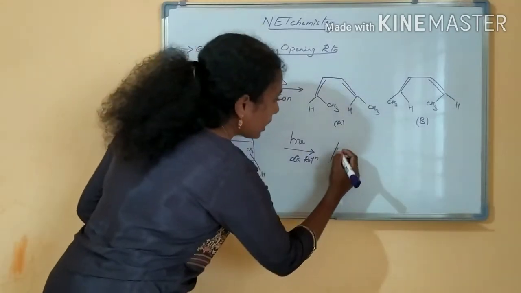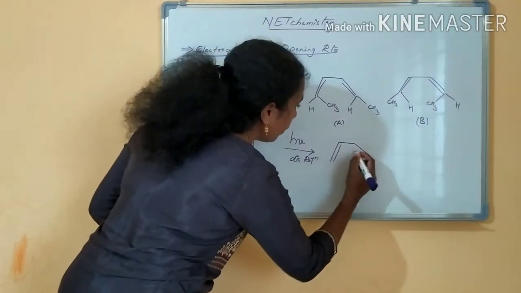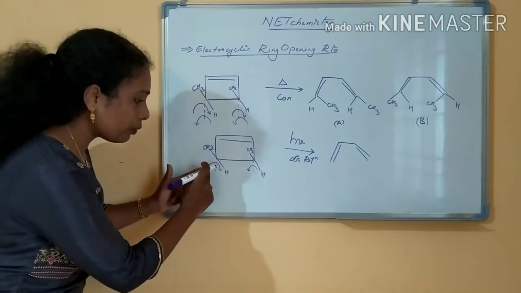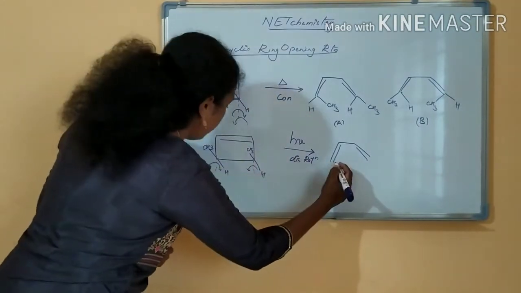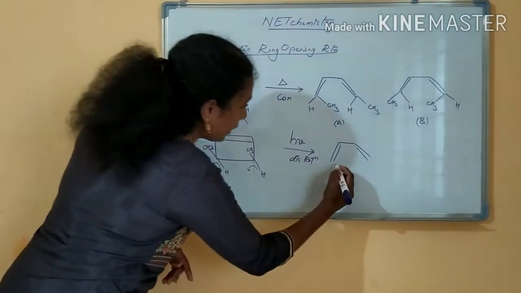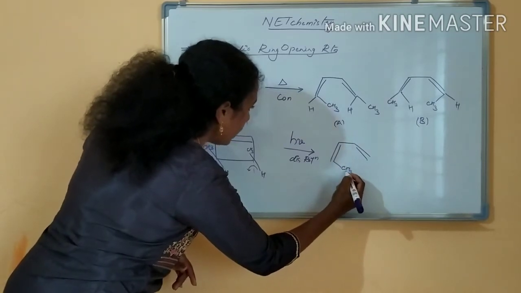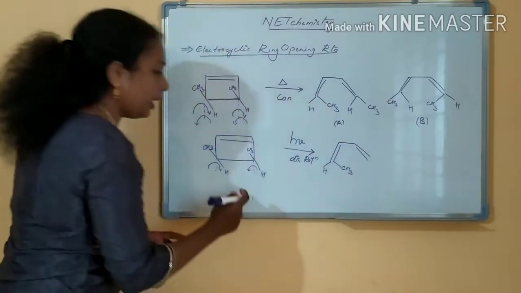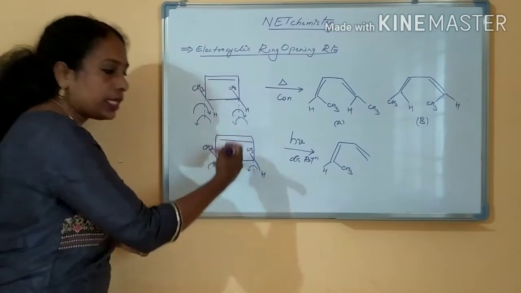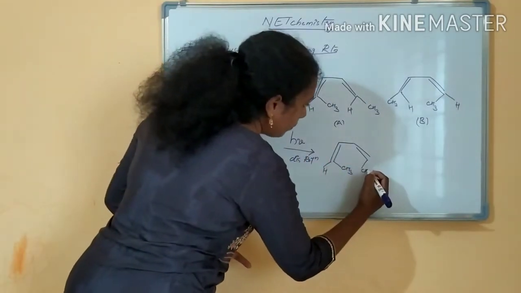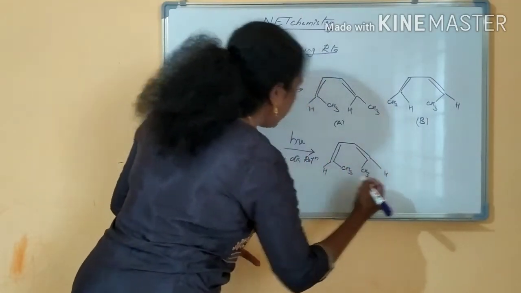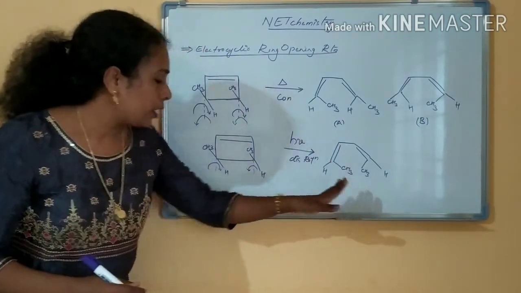So ring opening happens and 1,3-butadiene is forming. As one is in the clockwise direction, if it is rotating like this, CH3 will go inside and hydrogen will be out. Clear? Here also CH3 will come inside and hydrogen will be out. This is the product you are getting.